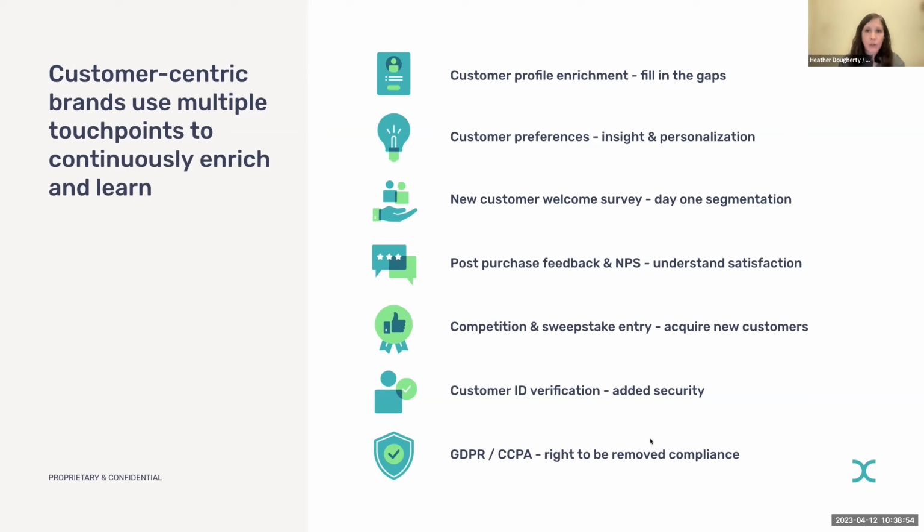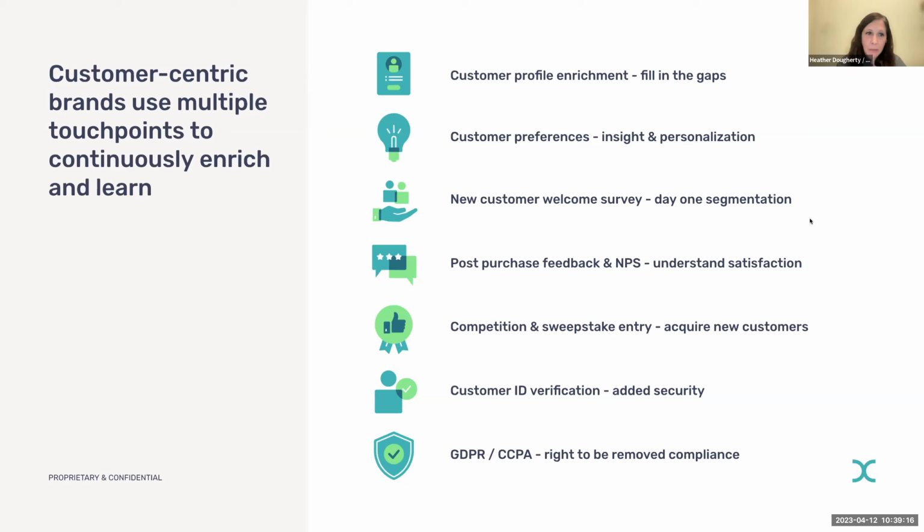Competition and sweepstakes entries are a great way to acquire new customers. Then there's customer ID verification, so you've got that added security, and also everyone's favorite topic, GDPR and CCPA. It helps with right to be removed compliance, so we make sure we cover off on all those areas.